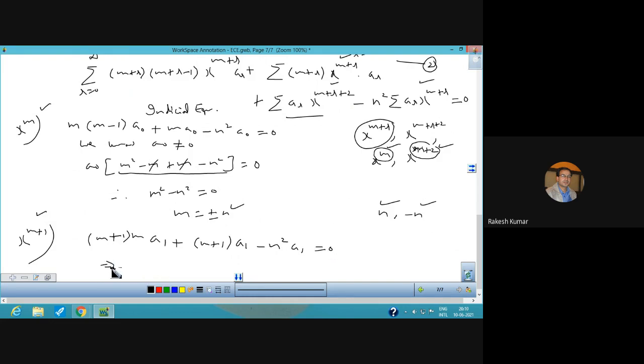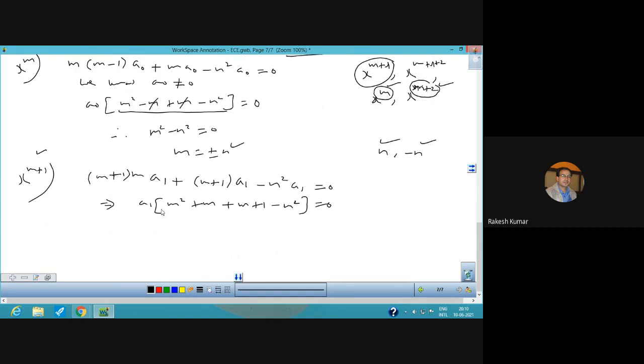Now this equation will have a1 common, m square plus m plus 1 minus n square is equal to 0. So ultimately, simplifying a little, you will have m plus 1 whole square minus n square equal to 0.